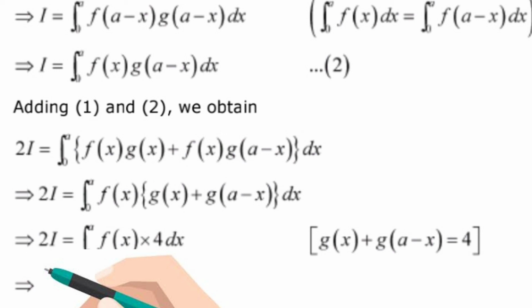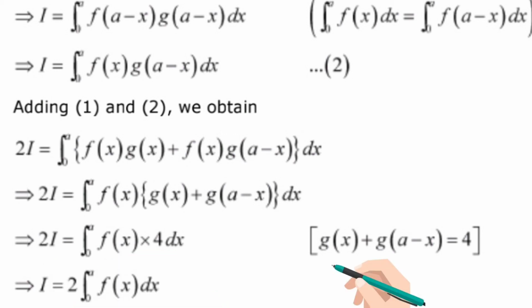Now my students, look here. If I take f of x common, then I get f of x times g of x plus g of a minus x, and that is the value of 4, because it is given according to 4, and the 2 cancels on both sides. So I get the answer twice of this. Thank you, my dear.